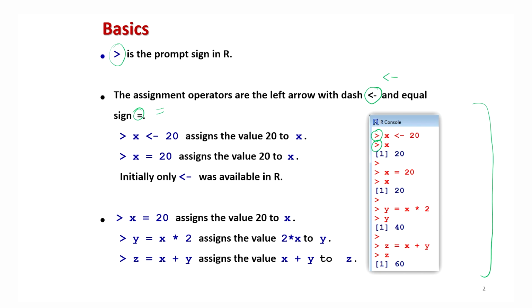In S Plus, the assignment sign was like this. I have worked in S Plus also in the beginning of my career. Then when R was developed, the same symbol was continued, but later on people also introduced the equality sign. So at the moment both the symbols are used and you can use any one of them.